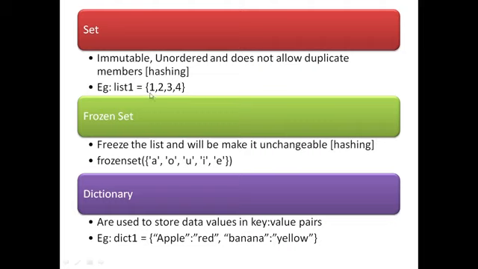And for frozen sets, we can freeze a set and make it unchangeable. Why it is unordered, I'll explain in detail in a few minutes. For sets we have to give flower brackets, and frozen set just freezes the set. It's not possible to have as many options as we have with tuple and list.